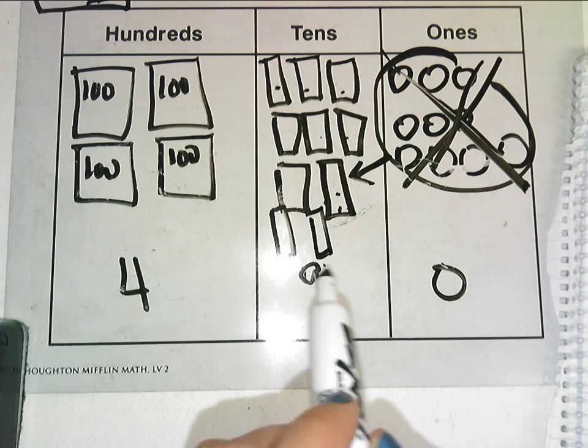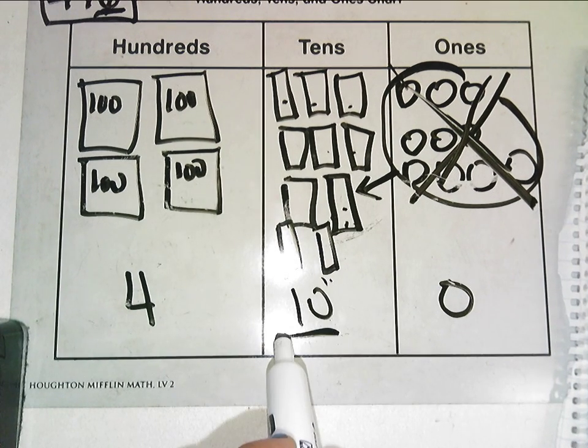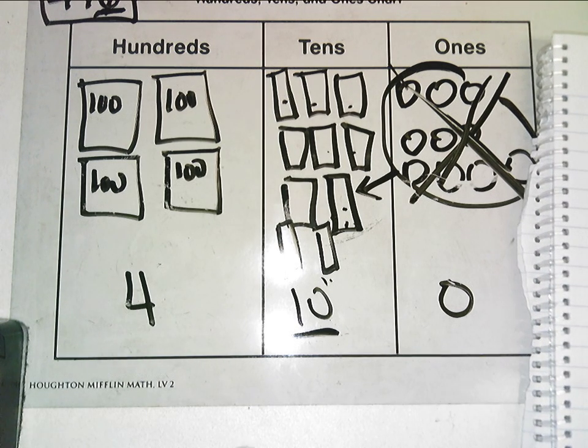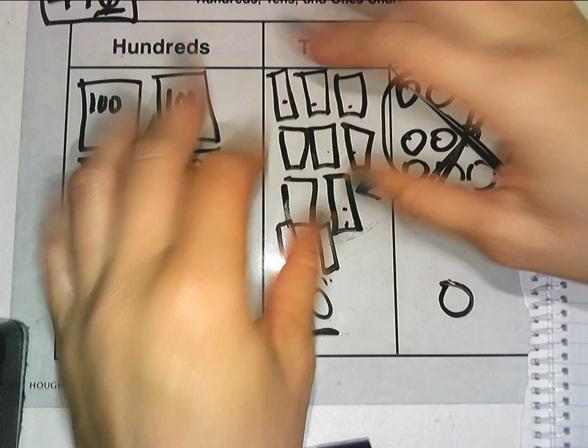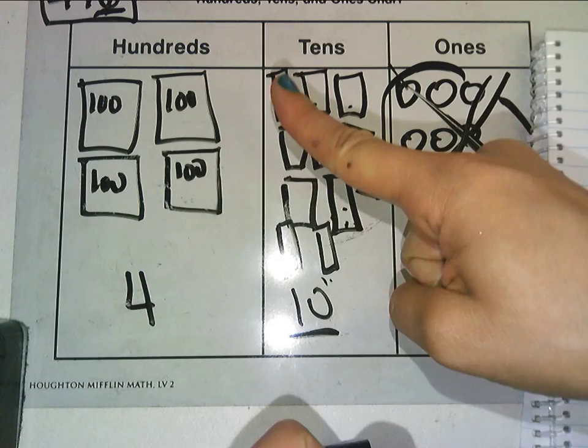So now look, I have 10 tens, but you don't write it like that. So now, what do you think I can do? I have 10 tens. Think real hard what I could do. If you said regroup, you are correct. 10 tens, you regroup for 100.